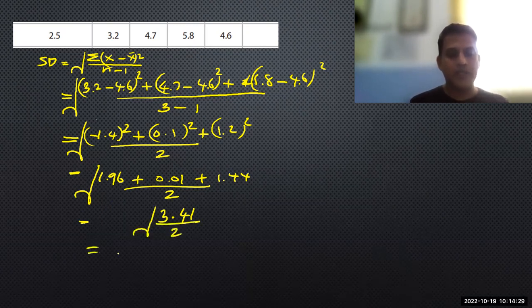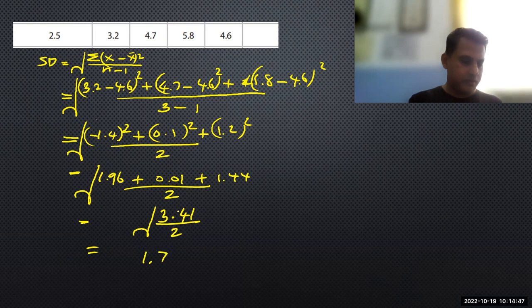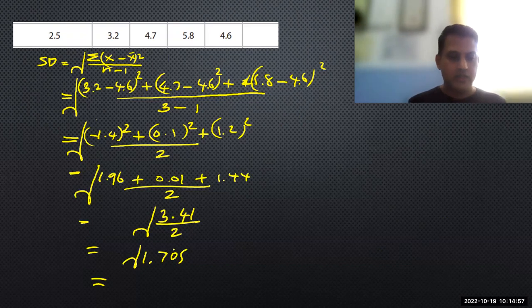So 3.41 divided by 2 is 1.705, and then the root of this number.